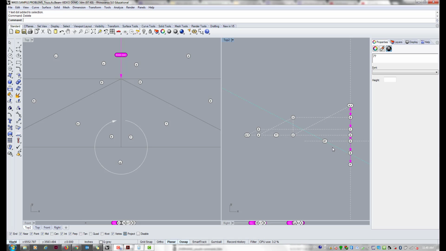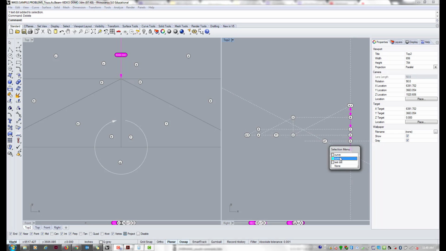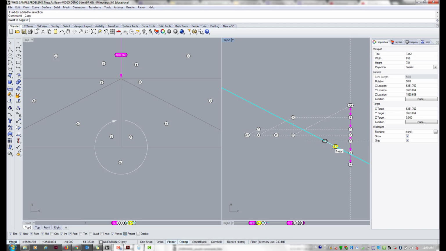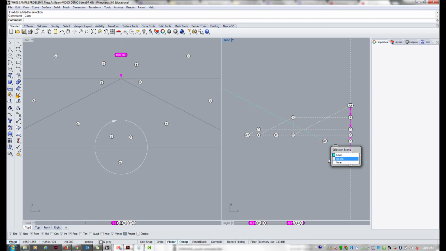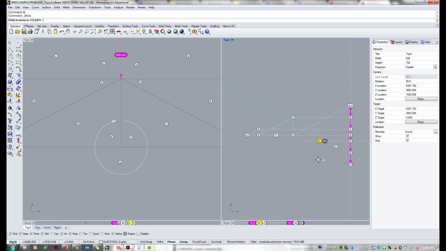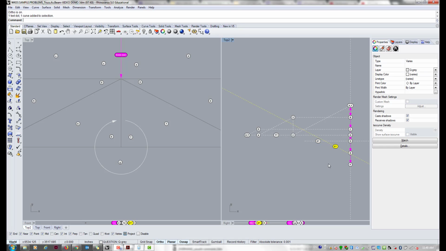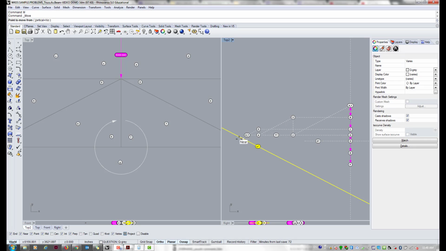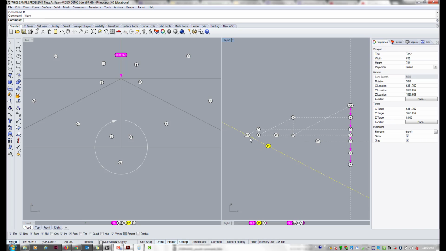So now it's going to actually kind of force us to conclude that this diagonal, which passes through 7 and 8, now has to, because we know where point 7 is, pass through point 7.